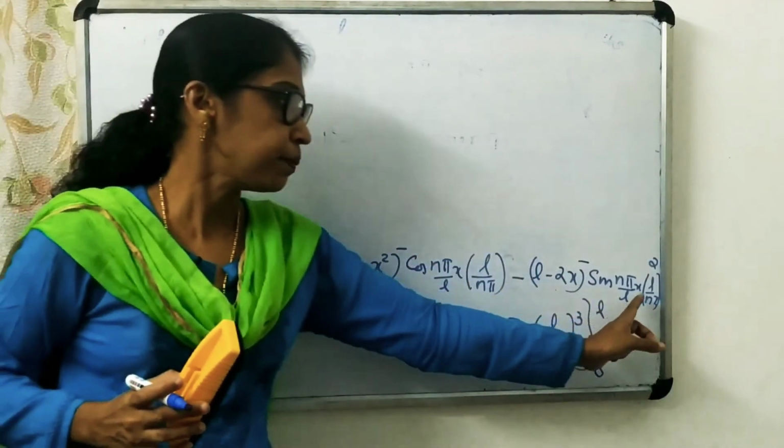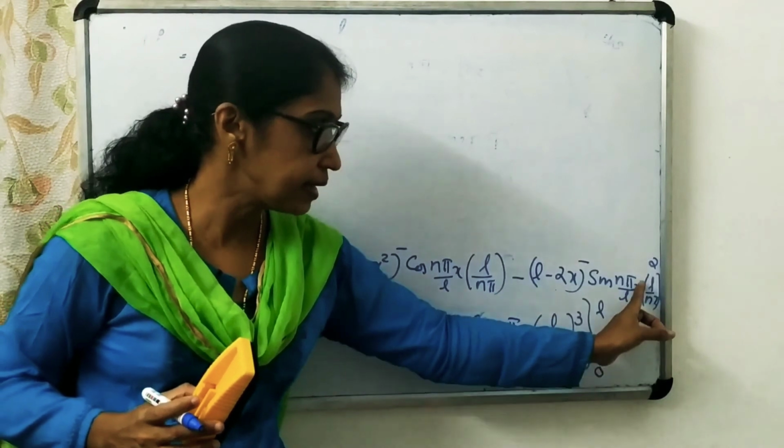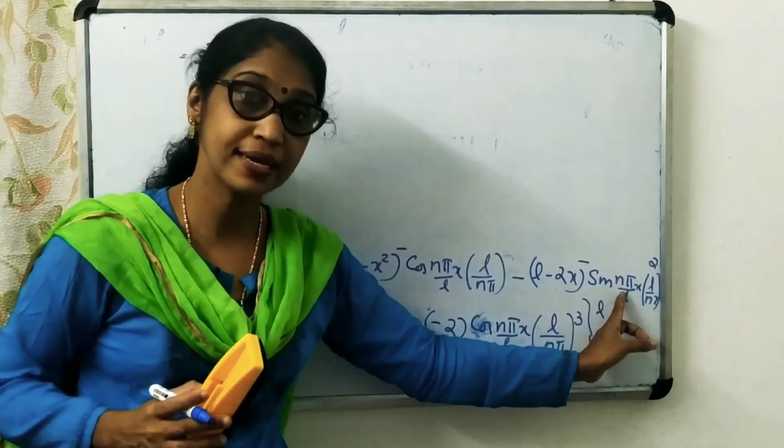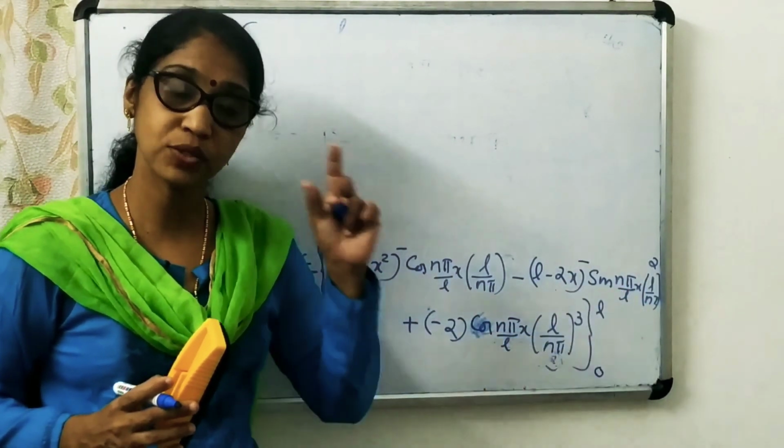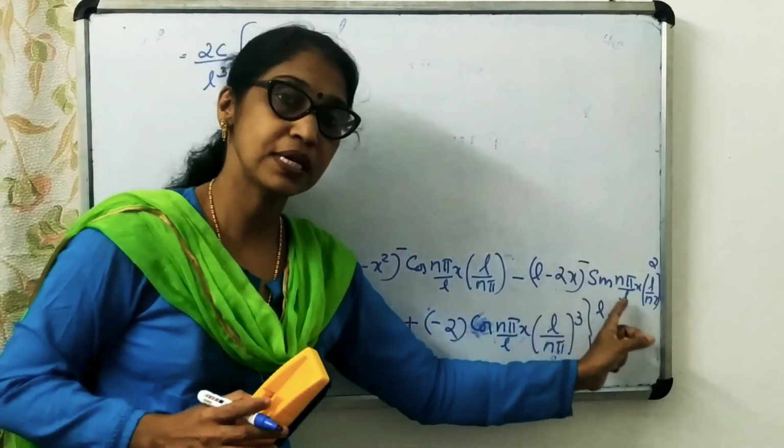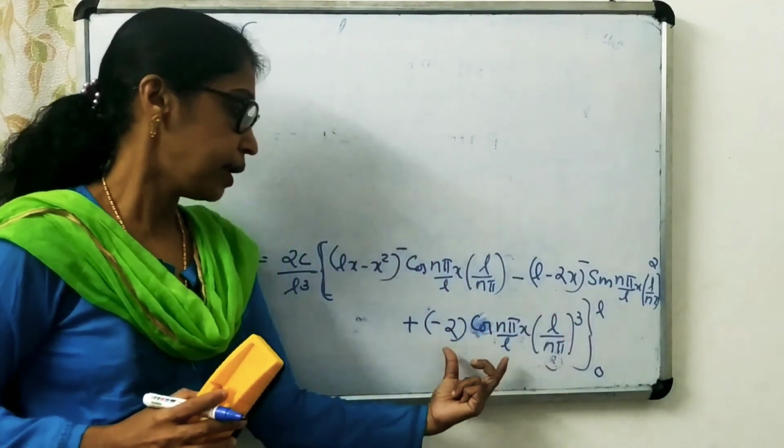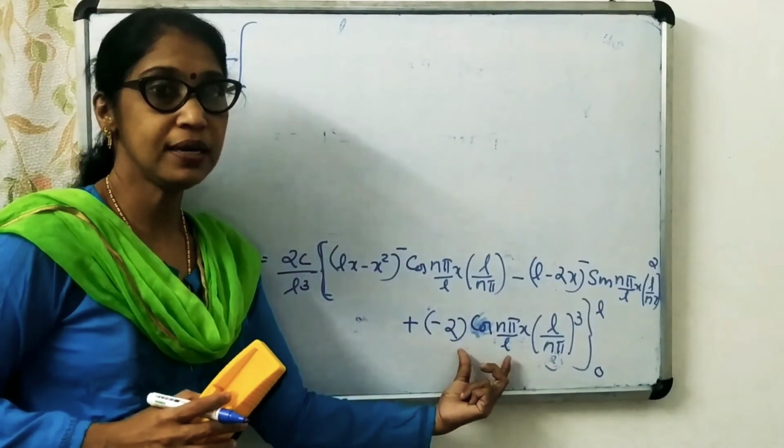And here we apply L, L gets cancelled and we get sin n pi, and the value of sin n pi is also 0. So this term also becomes 0. Now only this term remains here.